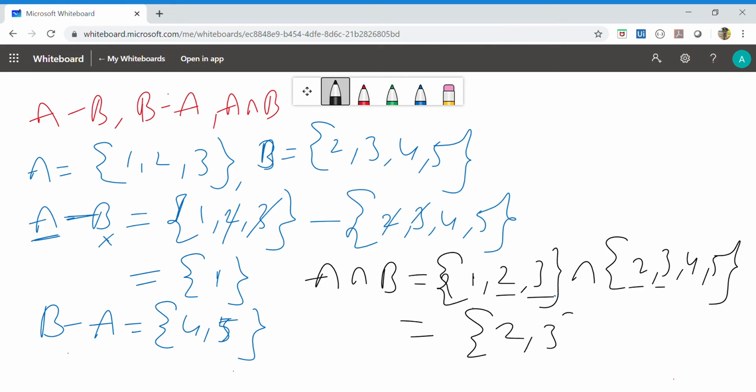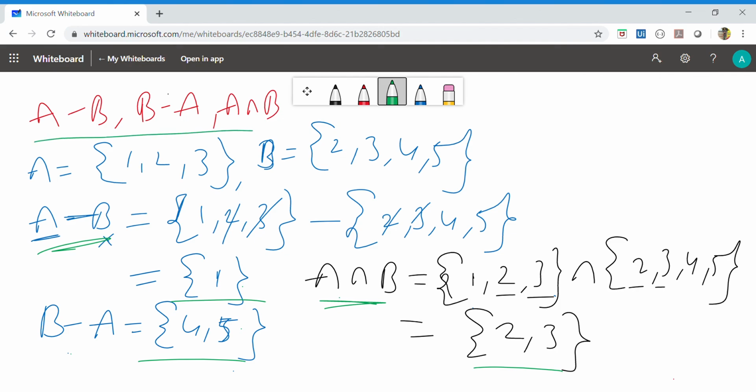Now consider: A minus B is the set {1}, B minus A is the set {4, 5}, and A intersection B is {2, 3}. Any common elements between A minus B and B minus A? No. Between B minus A and A intersection B? No. Between A minus B and A intersection B? No. That's why A minus B, B minus A and A intersection B are mutually disjoint sets.